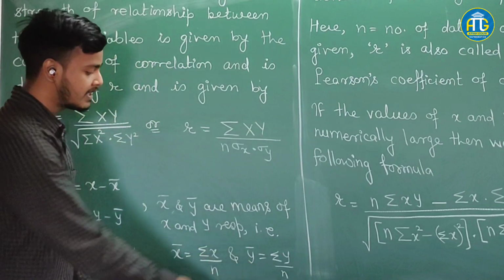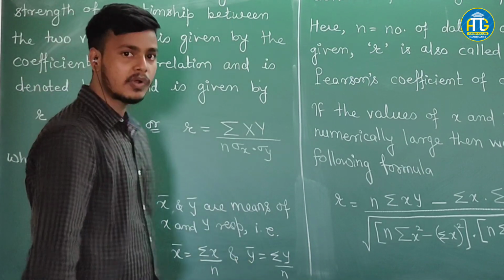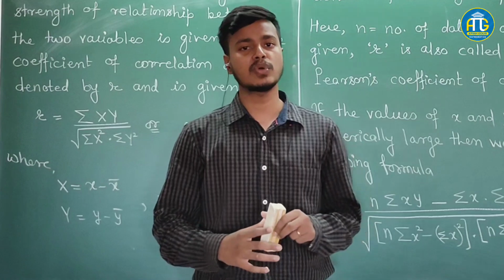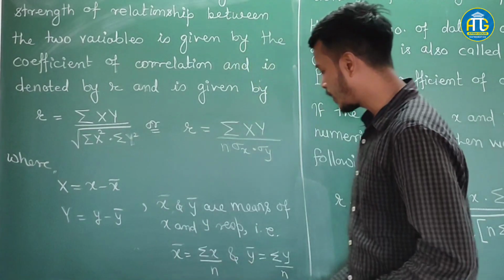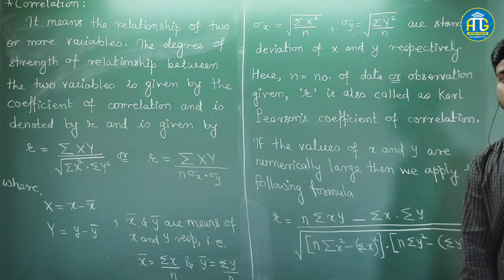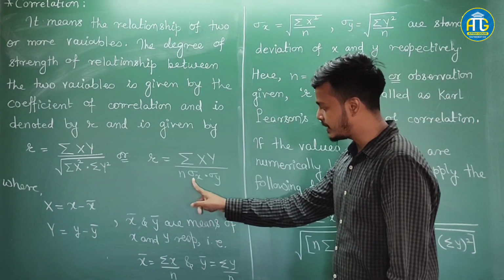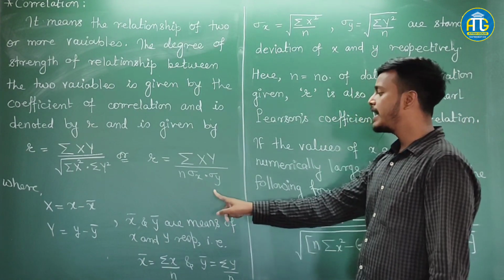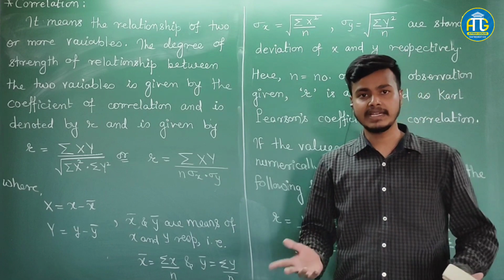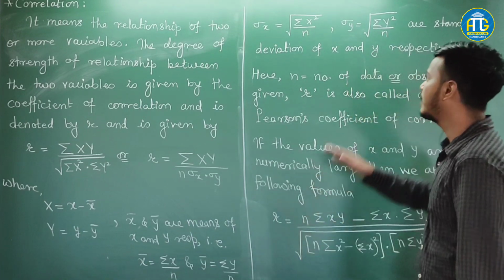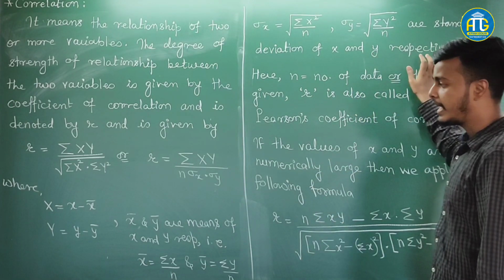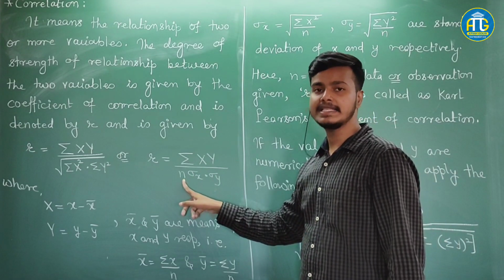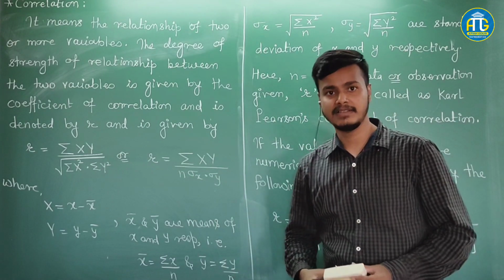Likewise, y bar, that is the mean value of y, can be found out by summing up all the values of y divided by the total number of data. Now there is a term sigma x, sigma y. The sigma x and sigma y are nothing but the standard deviations of x and y respectively. And what is this n? This n is nothing but the number of given data.